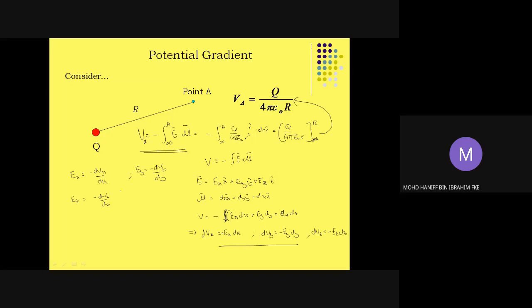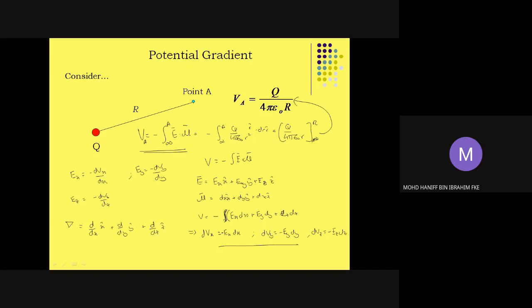Okay, so basically from here we can introduce one operator, which is called the grad operator, or del operator, in which this del operator will be written as d over dx of x, where x is a vector, plus d over dy of y, plus d over dz of z.